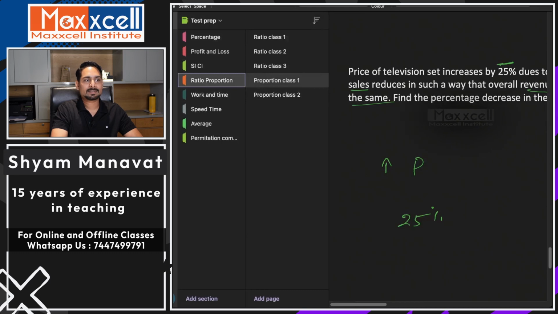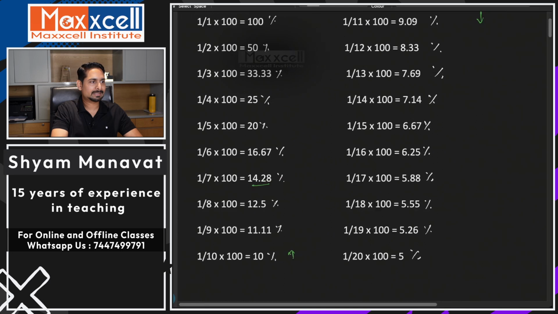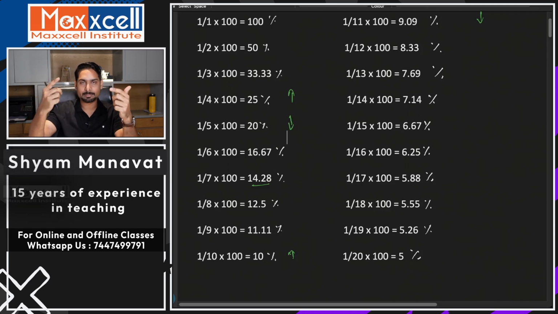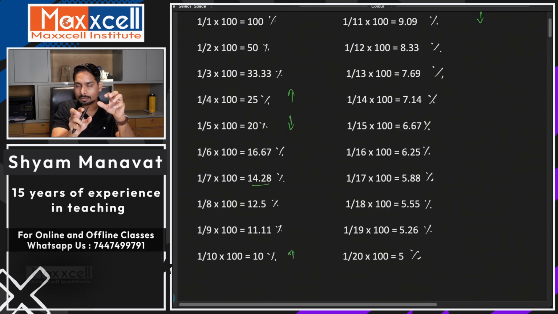The price increases by 25%, then the sales reduce in a way so that there is no change in the revenue. Reduce means go a step below. Increase means go a step above. So given is increase, you need to find the decrease, go a step below, 20%.